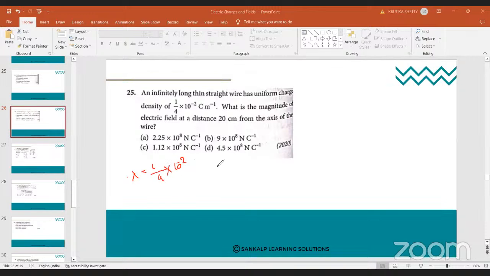What is the magnitude of electric field for the distance of 20 centimeter? I'll convert this 20 centimeter into meter: 20 into 10 raised to minus 2 meter. Understood? So the electric field intensity for the long straight wire is given by lambda divided by 2 pi epsilon naught into R.